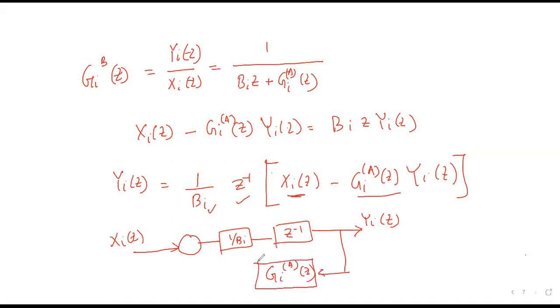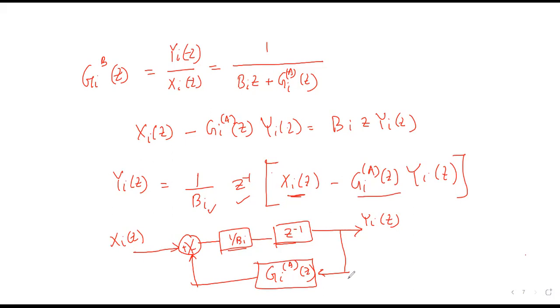Once you multiply with that and give a negative feedback, then you can easily represent the block diagram. Okay, so this is how we can represent it. So basically, a gain is there, and a delay is there, and the next gain will be added there.